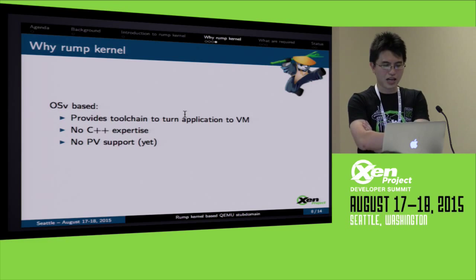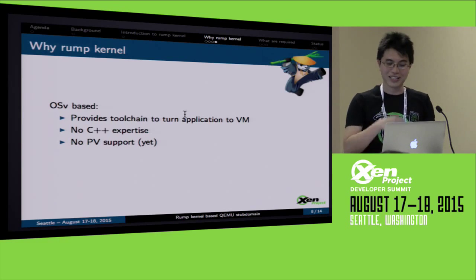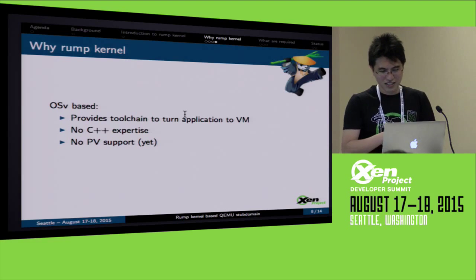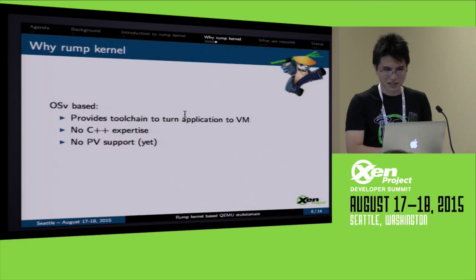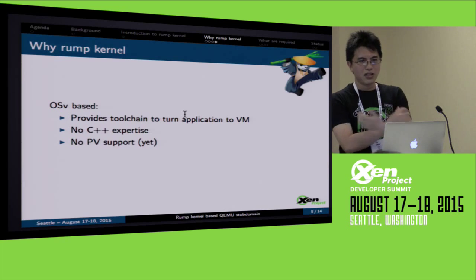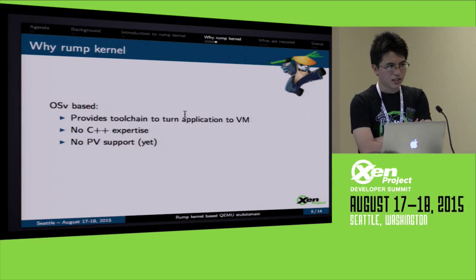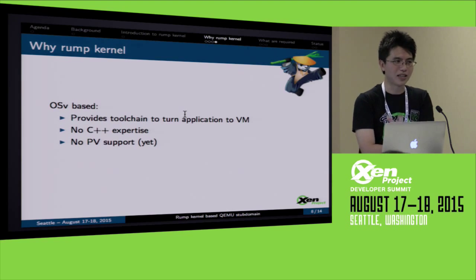So at the time I looked at it, it didn't have PV support, and yesterday I checked, it still doesn't have PV support. That means we can't actually use it. Why? Because the reason we use QEMU Stubdom in the first place is to contain the vulnerability inside the service domain itself.